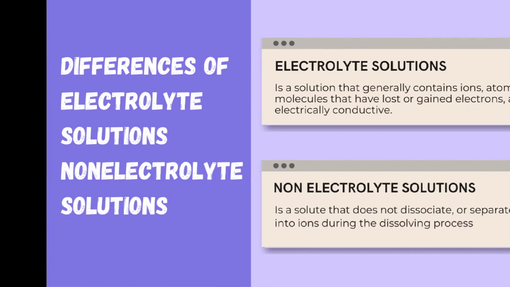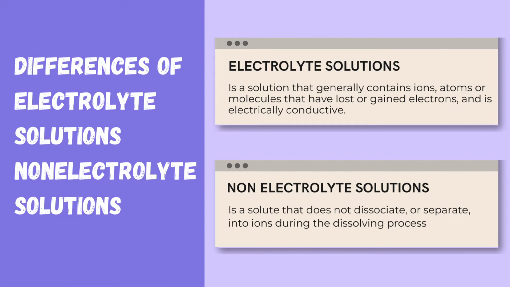Next is Ms. Marchand to discuss the electrolyte solutions. Thank you. So let's now talk about the differences between electrolyte and non-electrolyte solutions. We have here an overview of how these two solutions differ from each other.